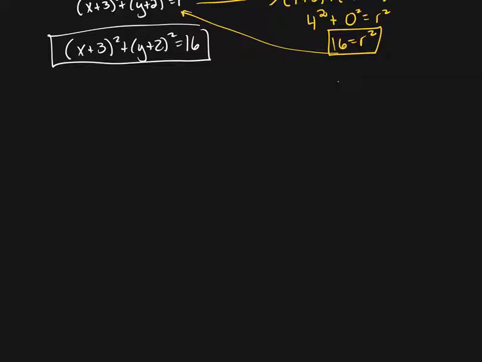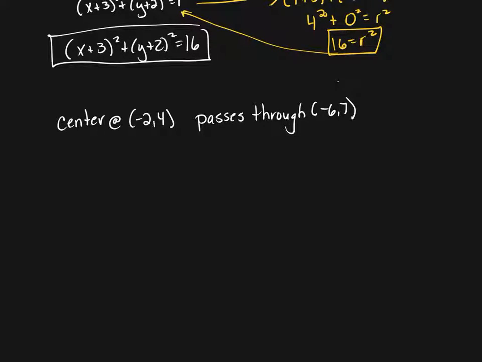Same directions, but this time our center is going to be at the point -2, 4, and a point that's on the circle, or the point that the circle passes through, is going to be -6, 7.